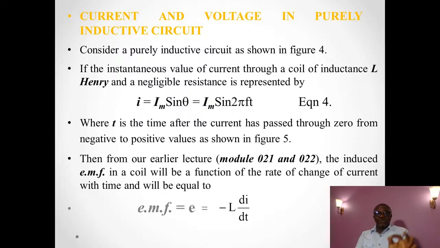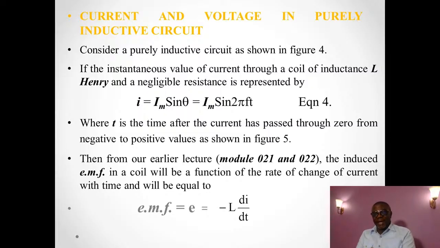Remember, we use the small letter i to represent the instantaneous value, so that it will be given as Im, that is the peak value of I, times sine theta. If you look at this equation 4, you will be seeing small letter i.